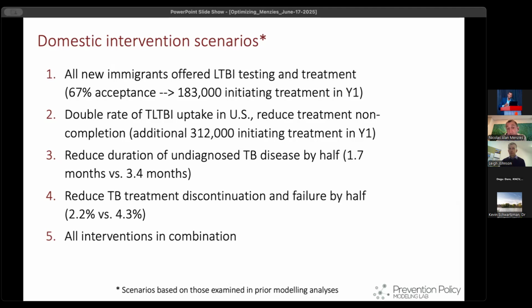I think this potentially could be addressed through improved adherence support and shorter course regimens. But honestly, scenarios 1 and 2 are probably among the most realistic, while 3 and 4 are a little bit more abstract in terms of what would get us there. And then number 5 is putting all of these together.